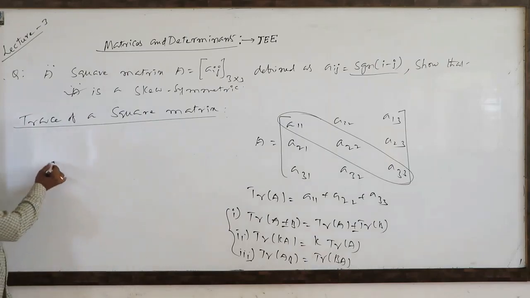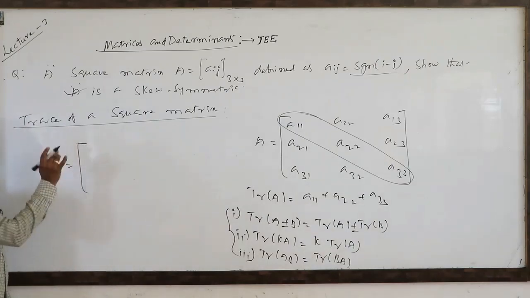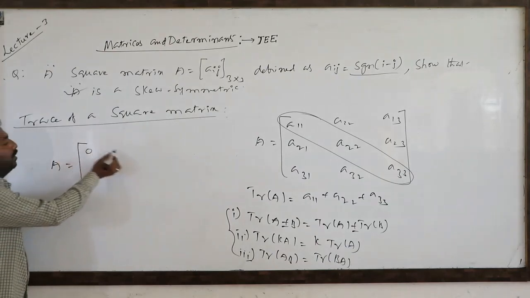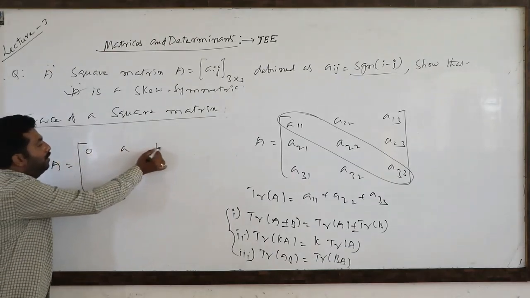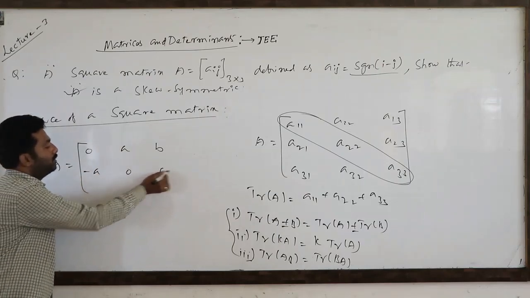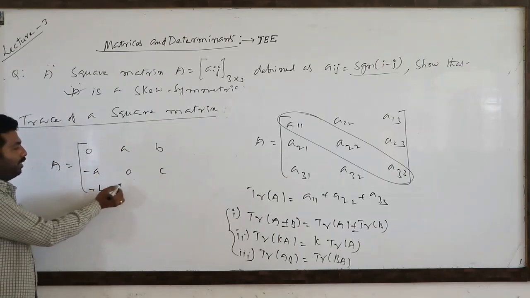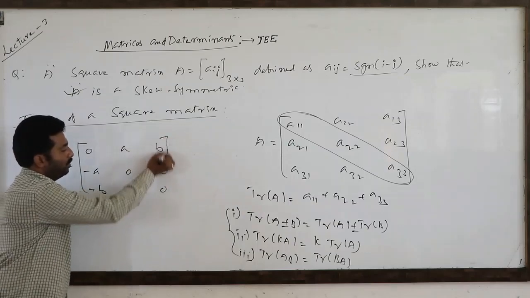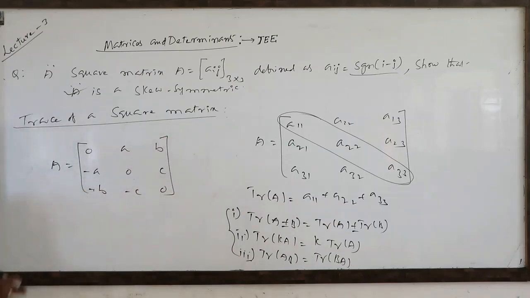Then what is the trace of a skew symmetric matrix? Take 0, A, B; minus A, 0, C; minus B, minus C, 0. This is a skew symmetric matrix.